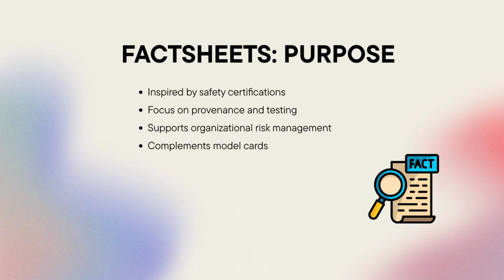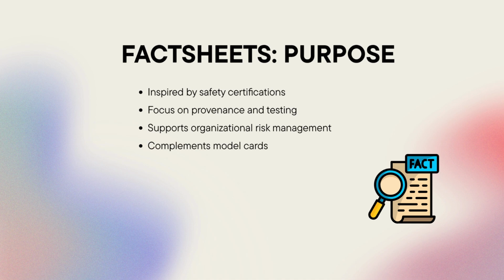So, fact sheets. Fact sheets build on the same principles as model cards, but focus more on organizational accountability. Inspired by safety certifications in other industries, fact sheets emphasize provenance, how and from where the data and model were obtained. They also detail test suites used to evaluate performance, offering stronger assurance to regulators and enterprise buyers.